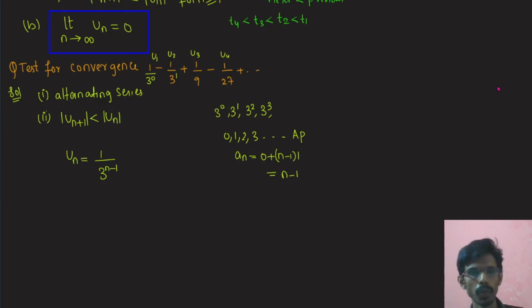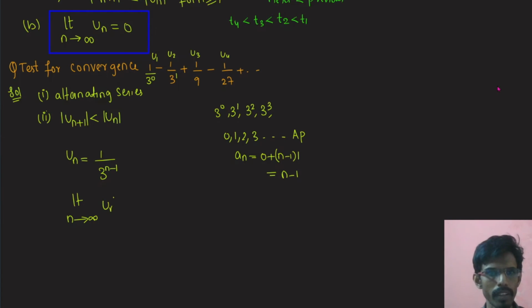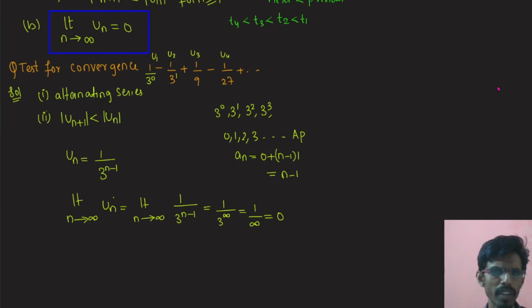We got the un value. Now apply limit n tends to infinity of un, that is limit n tends to infinity of 1 by 3^(n-1). If I put the limit, I will get 3 power of infinity minus 1, which will become infinity only. 1 by infinity is 0.